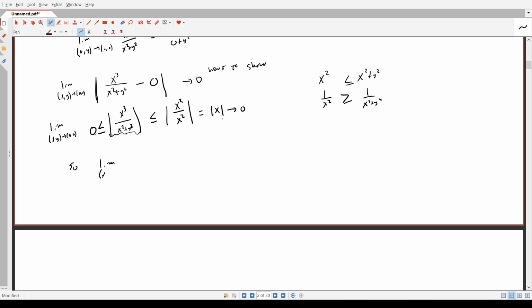So the limit as xy goes to 0, 0 of my function minus my assumed limit. Notice if I want to do this, I have to have a guess about what the limit is to start with. This difference goes to 0, meaning that the limit as xy goes to 0, 0 of this function is equal to that limit.